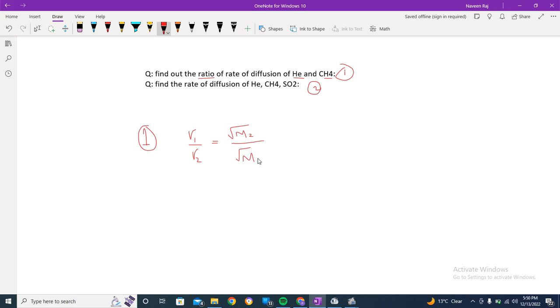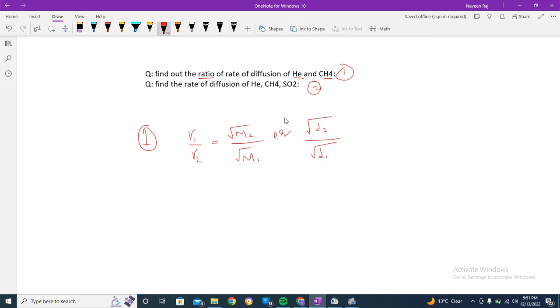Or if we have the densities, we can write radical D2 upon radical D1. These were the formulas. We can use the mass factor or the density factor.